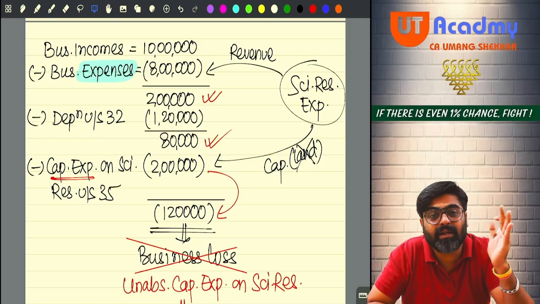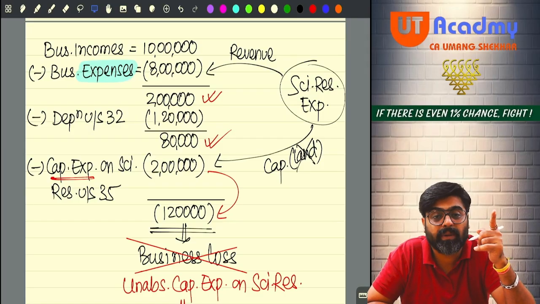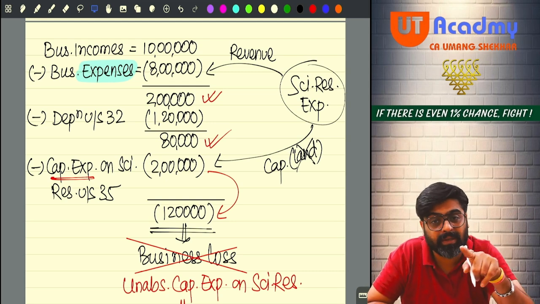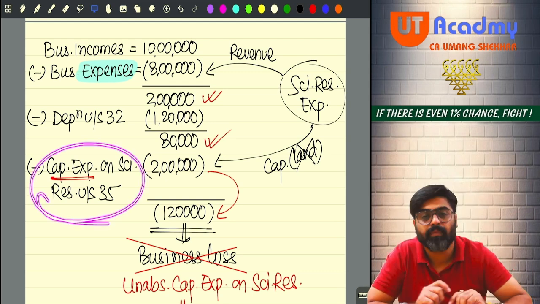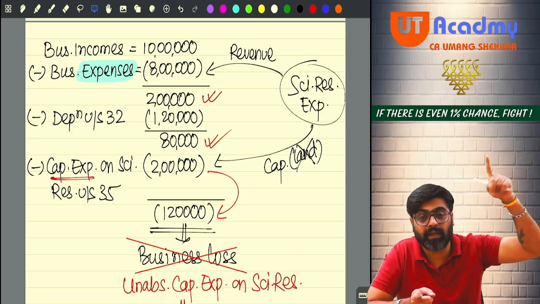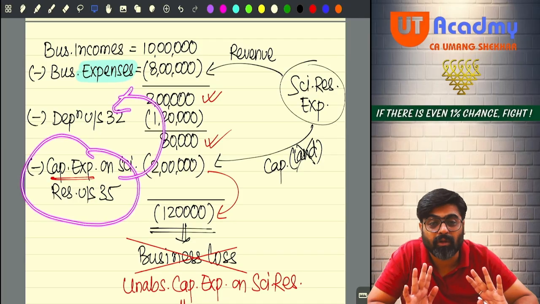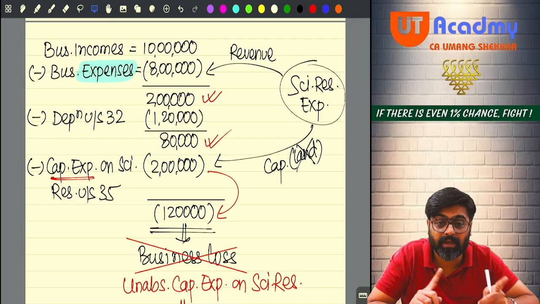But while you are taking the deduction for capital expenditure, remember, if you are taking the deduction for capital expenditure under section 35 here, you cannot claim that cost. You cannot claim that capital expenditure under any other section, or you cannot claim it in the form of depreciation also. Otherwise, it will be double deduction.